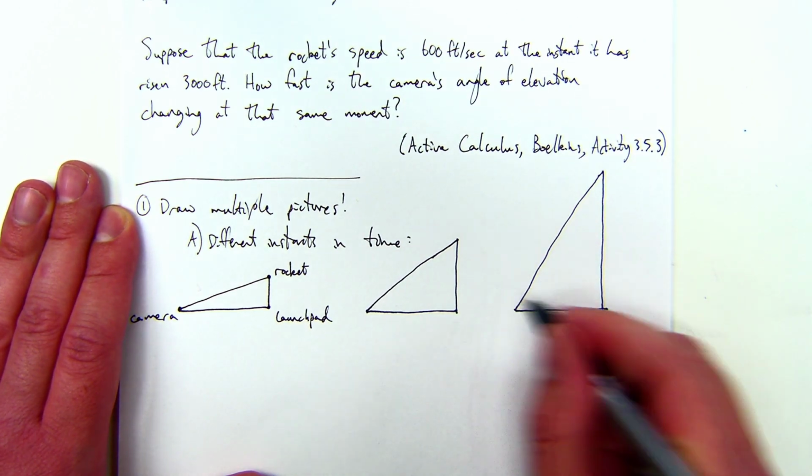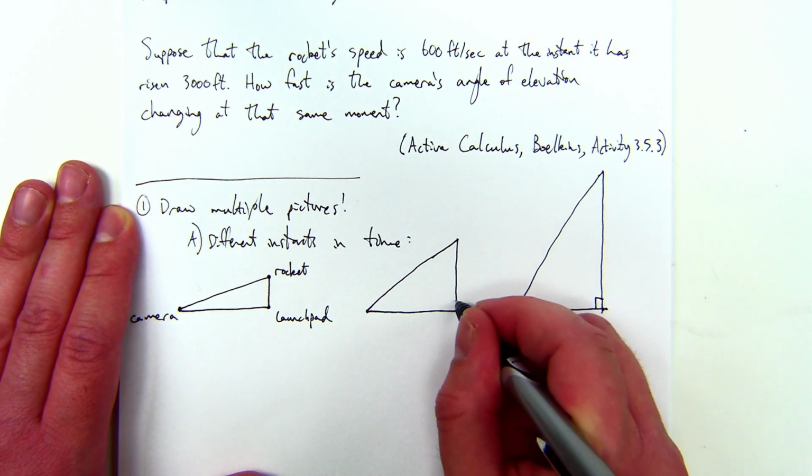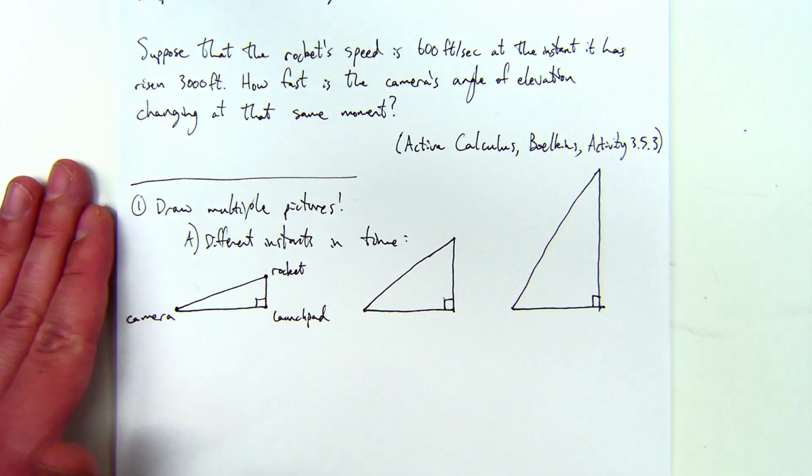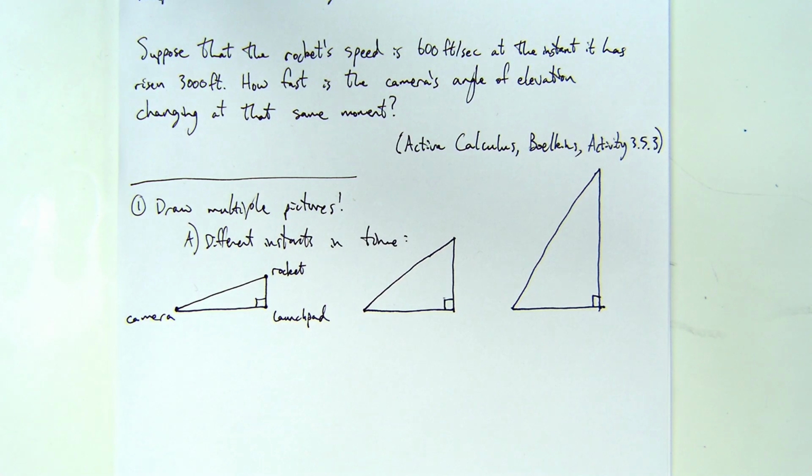And in all of them they have the same length of base. We can assume that's a right angle because the rocket is rising vertically, and the camera is trying to account for the rocket's rise by changing its angle. All right, so we have multiple pictures.